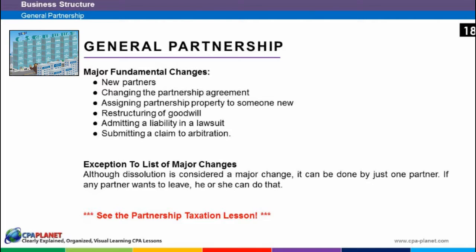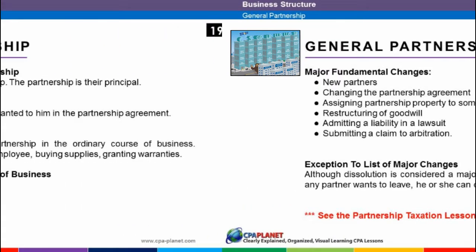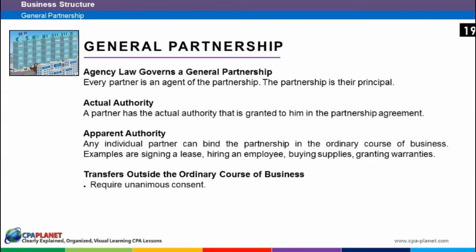Okay, in general, agency law governs a partnership. Every partner is an agent of the partnership. The partnership is their principal. So every partner has the actual authority that's granted to him in the partnership agreement. He also has apparent authority.